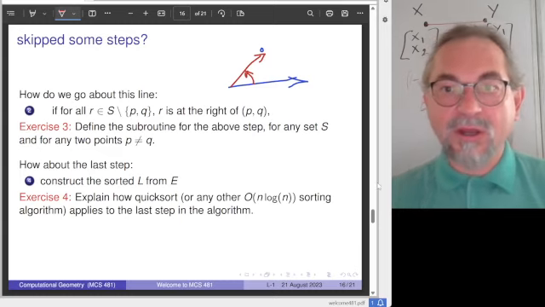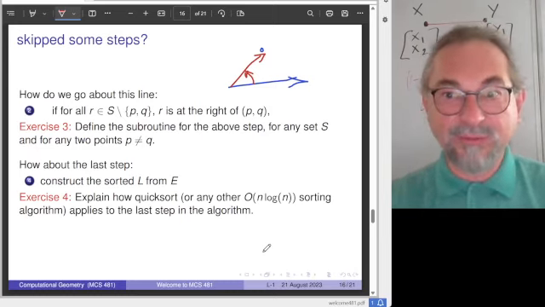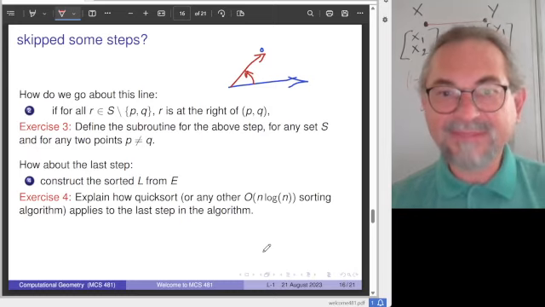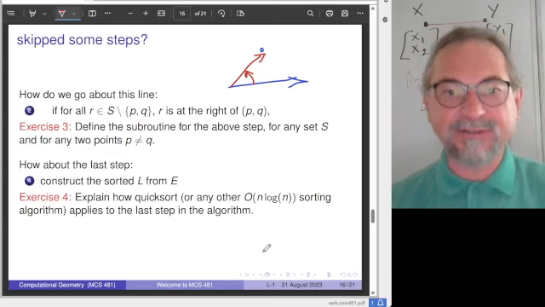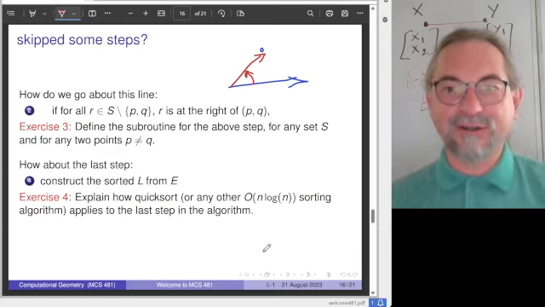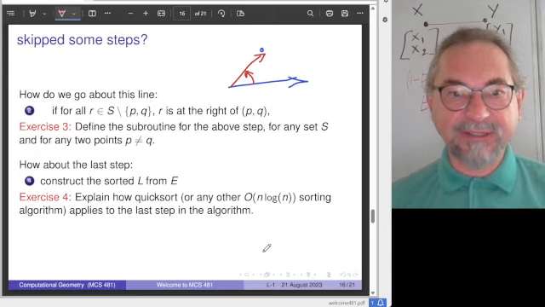Okay, so let me consider now the last step. Why do we have the simple last step? Construct the sorted list. So how does quicksort apply to this? Well, it's a statement. Sort is actually a basic step. That's why we list this as one instruction. Come up with any sorting algorithm.